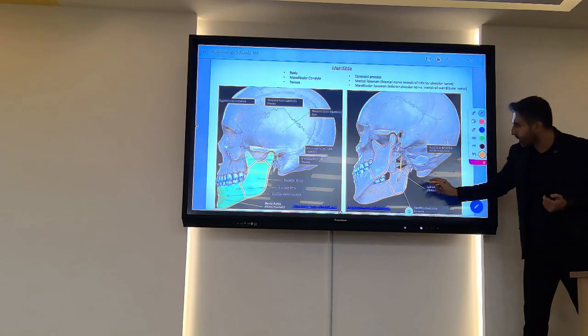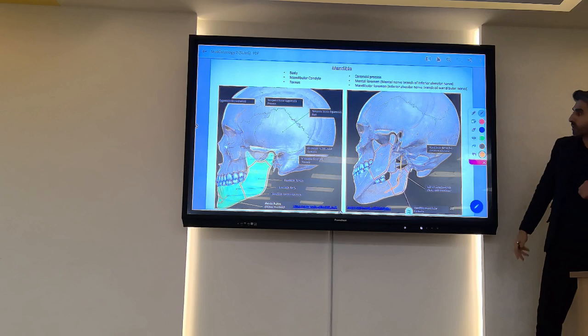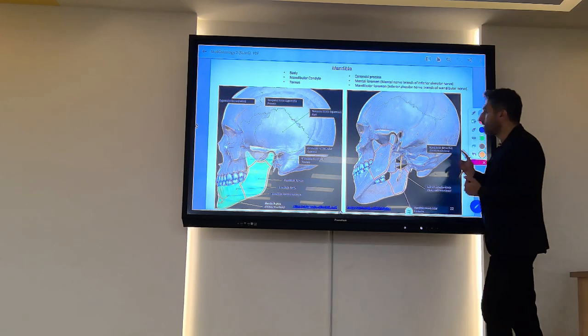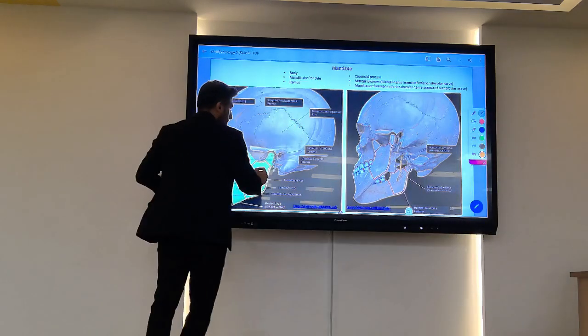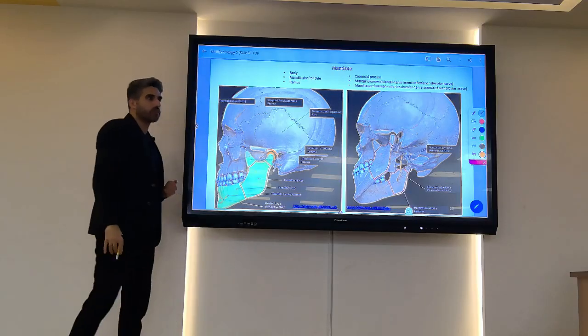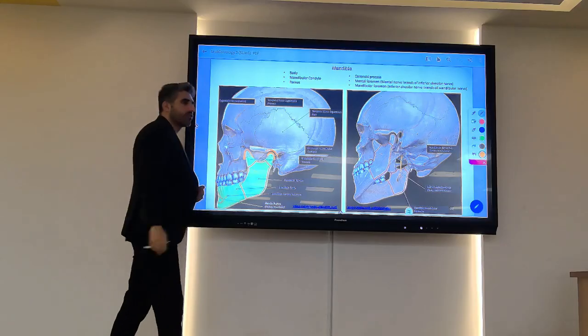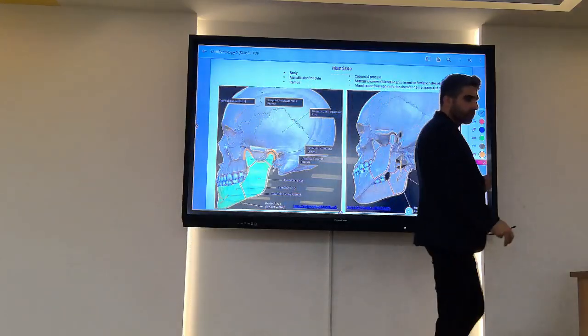But this nerve also has a branch, the mylohyoid, which comes out and is located in the groove. You can see the TMJ joint: the condyle of the mandible in the mandibular fossa of the temporal bone. You can see the coronoid process is free, not attached to the bones.